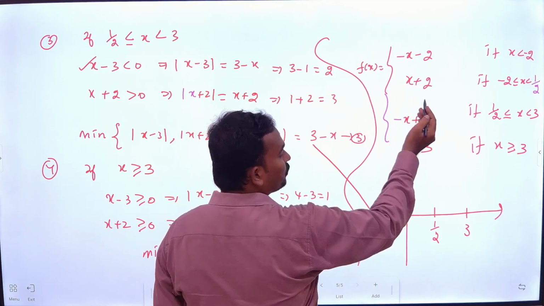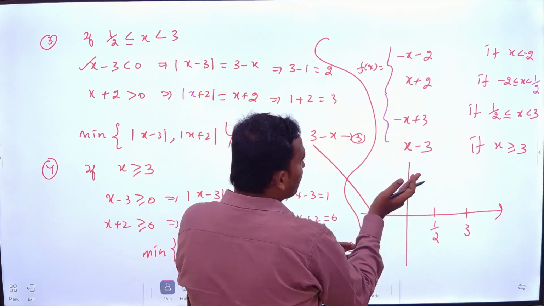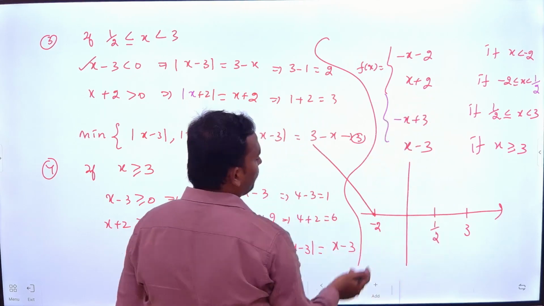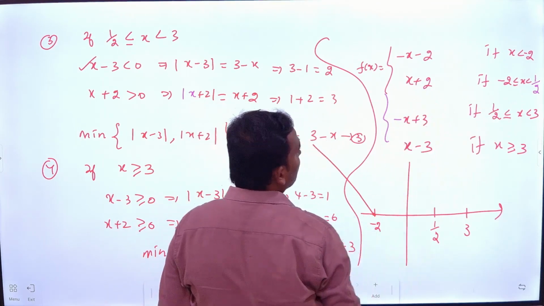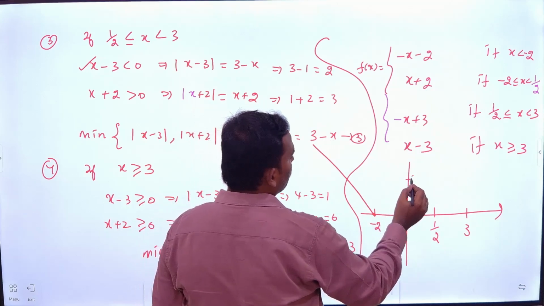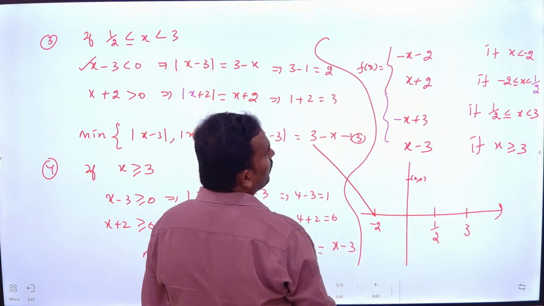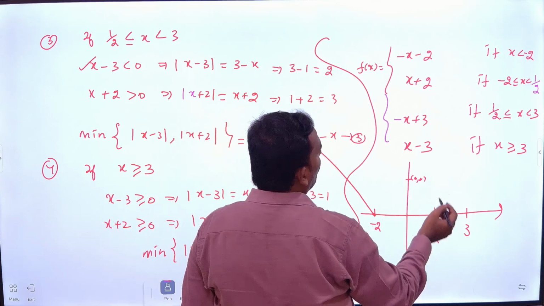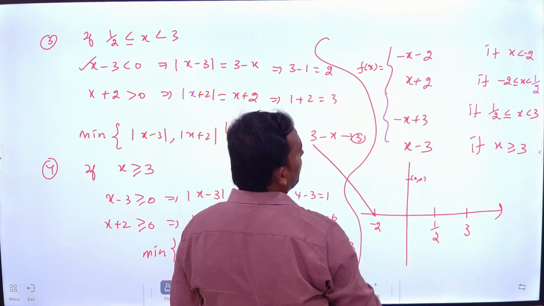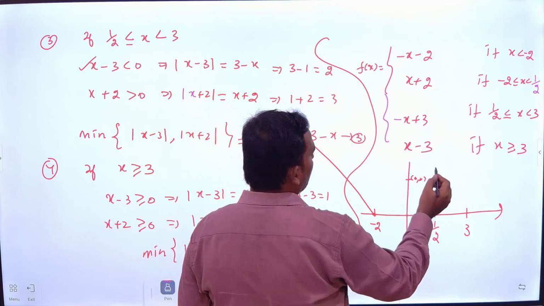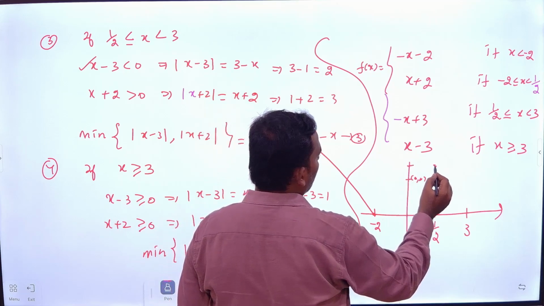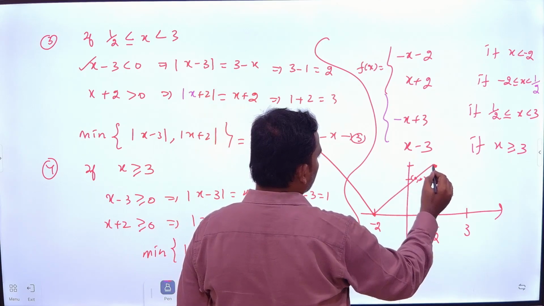So x plus 2 means whatever y is equal to x is, shift it 2 units up. So it will be crossing, put x is 0 here. X is 0 means 2, right? So there is 0 comma 2 here. Let's take 1 by 2. If you put 1 by 2 plus 2, it is 5 by 2, which is 2.5 here. The graph will be like this.